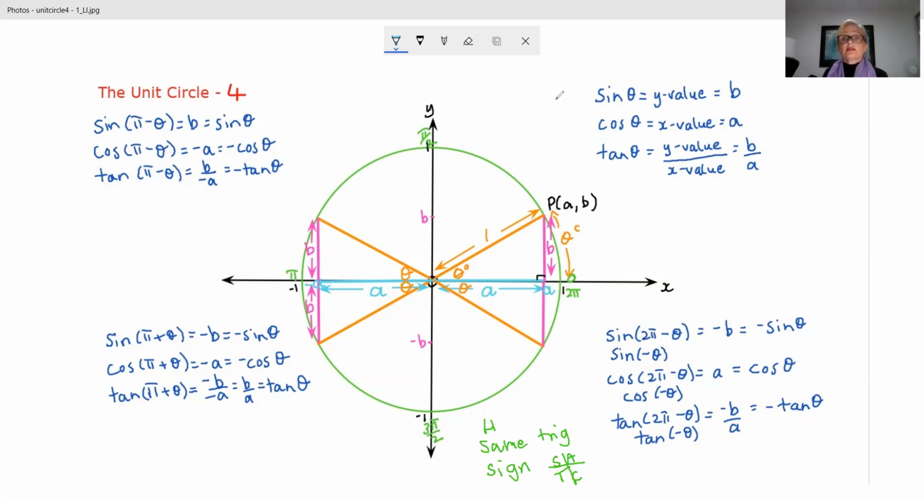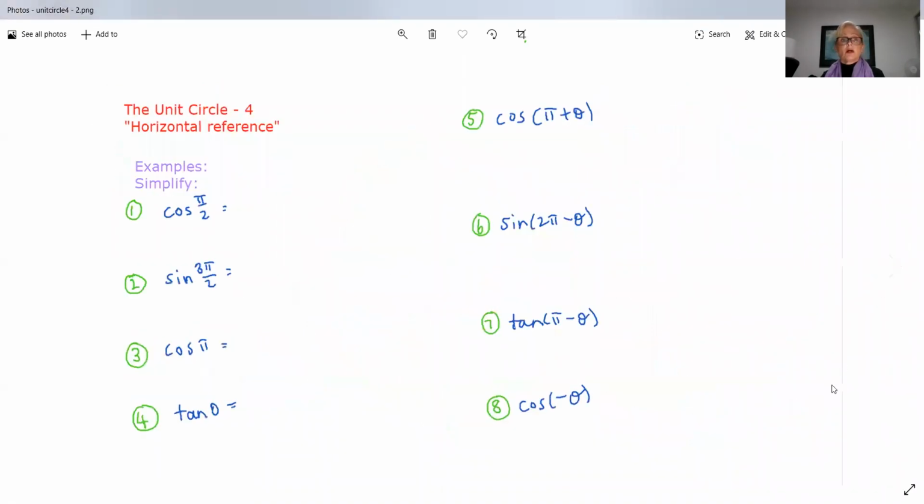We're now going to do some examples, so let's go to the next slide and see how this whole thing is going to work. Now, this might look difficult, and it probably is a little bit difficult for you at the moment.